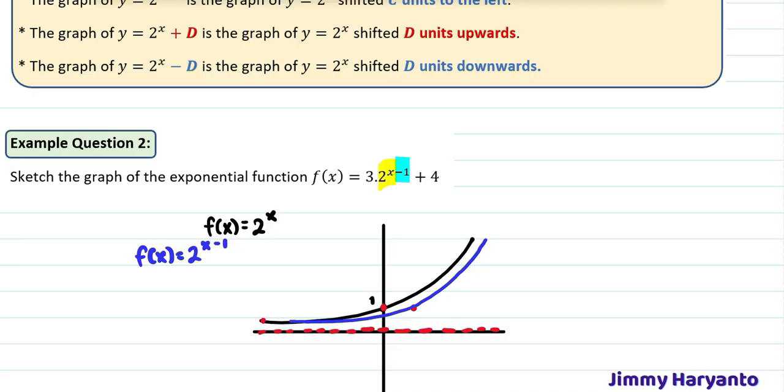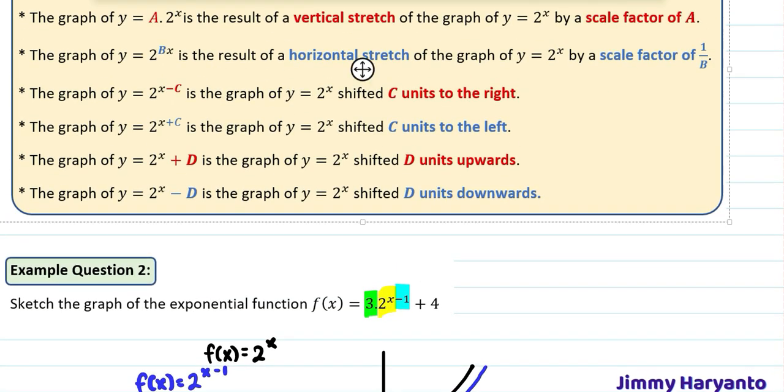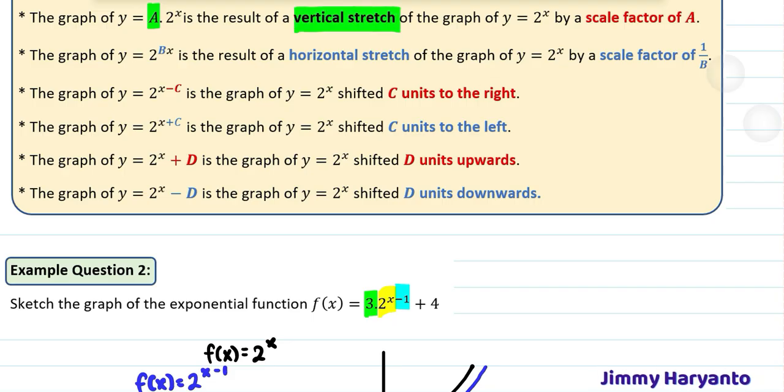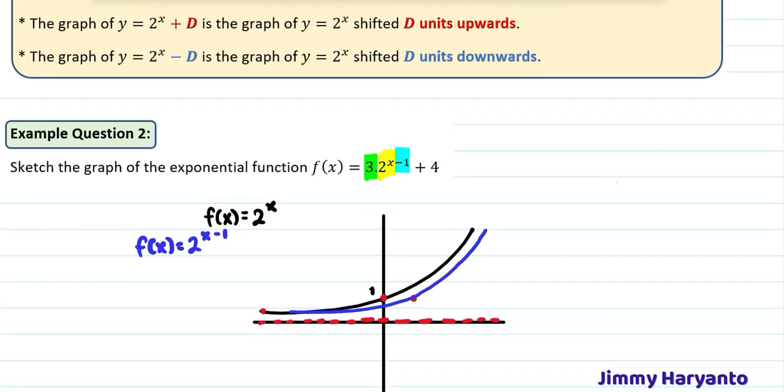And then next is this one, 3 times. 3 times means vertical stretch by a scale factor of a. That means you have to multiply all of the values of y by 3. So we have this point before, right? You focus on y equals 1, and then you multiply it by 3.